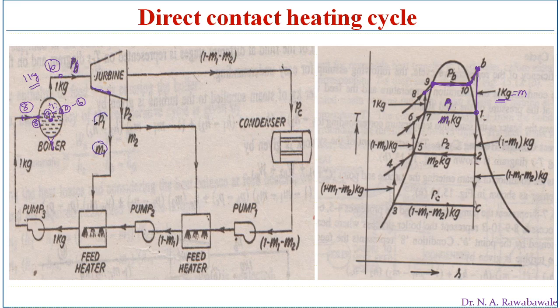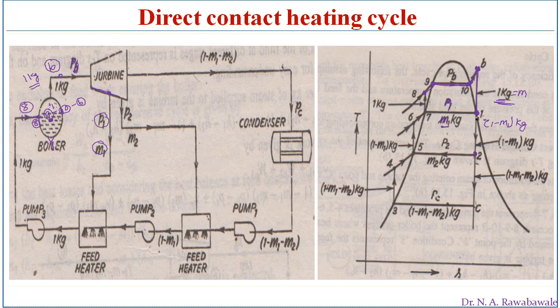At pressure P1, m1 kg is taken out, and how much of the steam remains? From 1 kg, m1 kg is taken out, so the rest of the steam is 1 minus m1 kg. That is again expanded in this turbine, from pressure P1 to pressure P2.